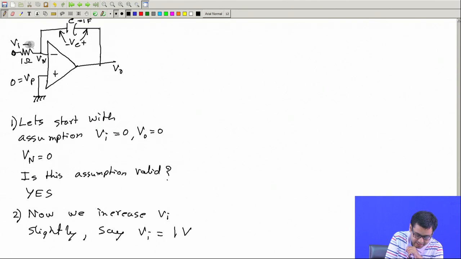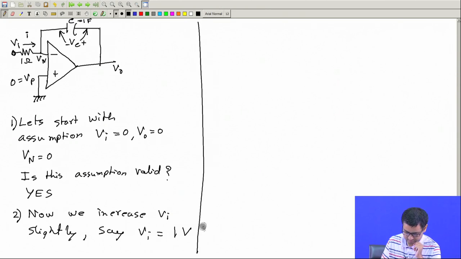So this current, call it I, will become 1 ampere. So 1 ampere current will start to flow.